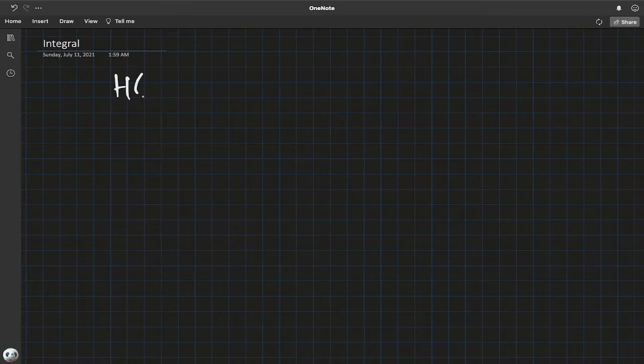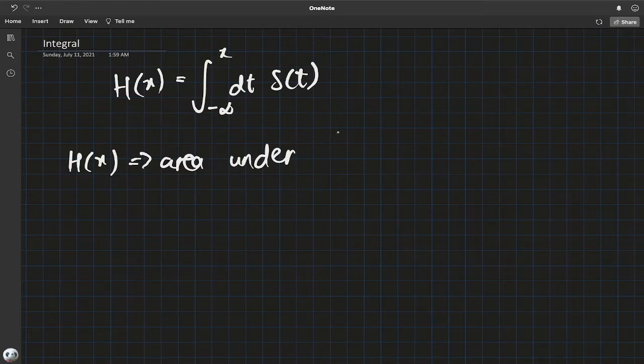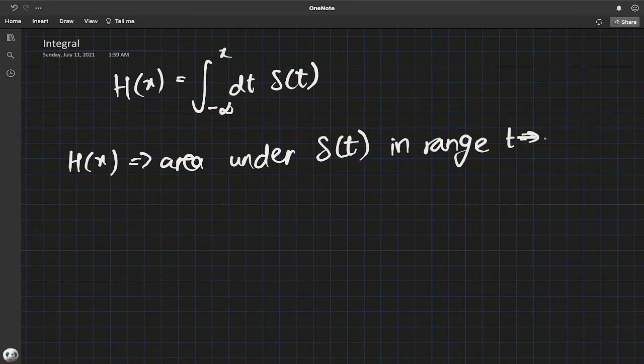So let's say h of x is equal to the integral from negative infinity to x of the Dirac delta of t with respect to t. This h of x, I haven't given it a name yet, is just the area under the delta in the range specified here, t going from negative infinity to t equals x.